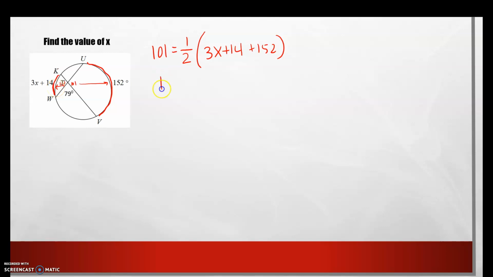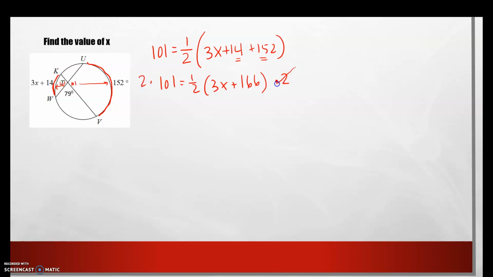So I'm going to combine like terms. 101 is equal to 1/2 of 3x plus 14 plus 152. I'm going to combine 14 and 152, which is going to give me 166. And then I want to get rid of this half. I don't really want to distribute in here because I'm going to be left with a fraction because I can't divide 3 evenly. So I just want to get rid of this half, which means I'm going to multiply both sides by 2.